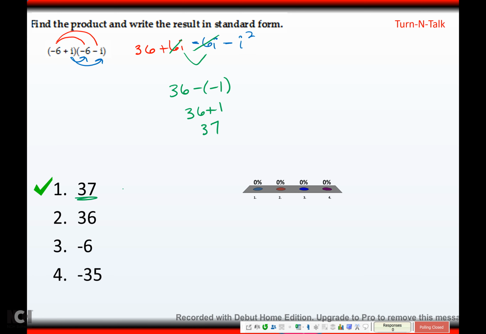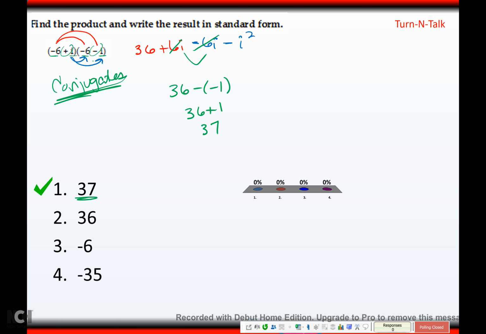Wait a minute. Where'd my i go? Well, it canceled out. And if you look at these, see how the first term is the same as the first term, the last term is the same as the last term, the only difference is the sign in between them? These are what we call conjugates.